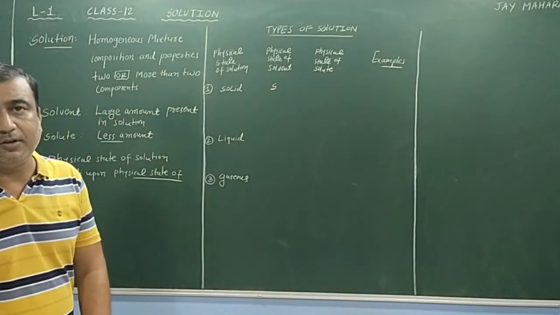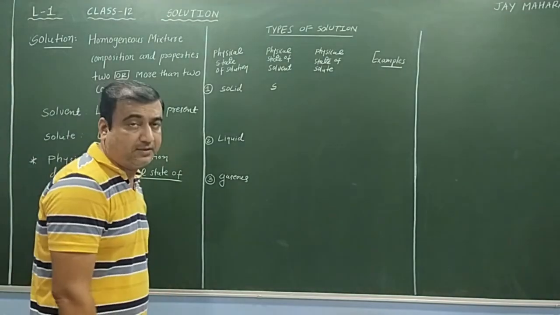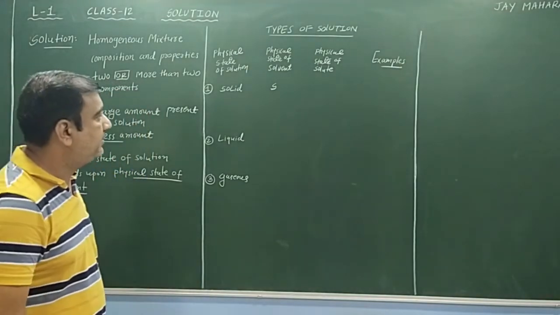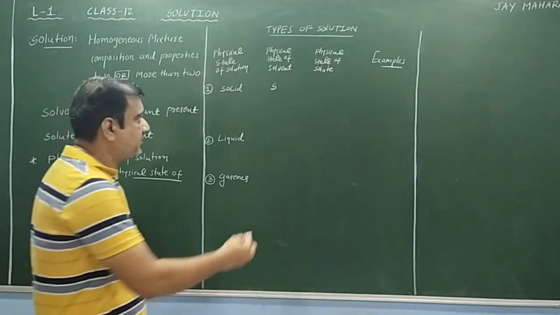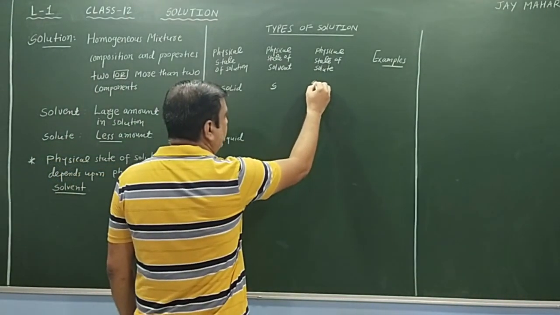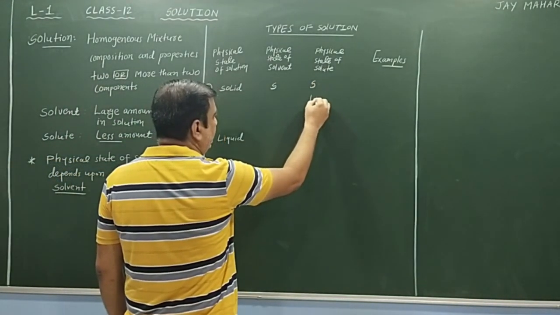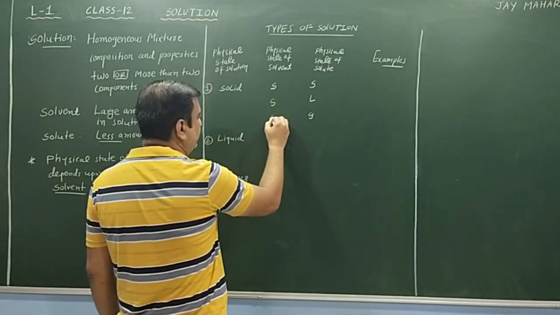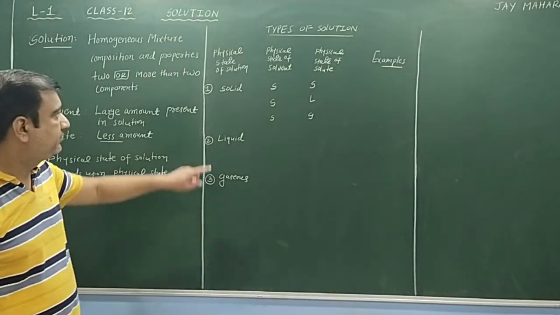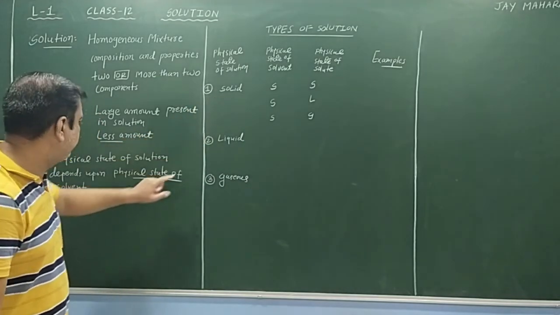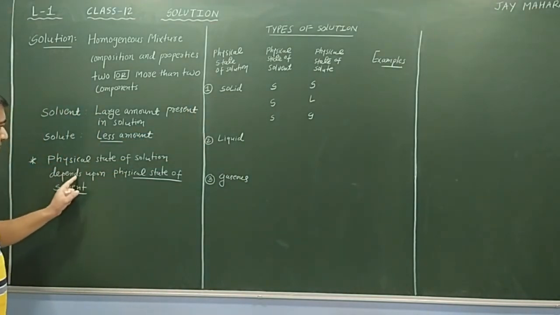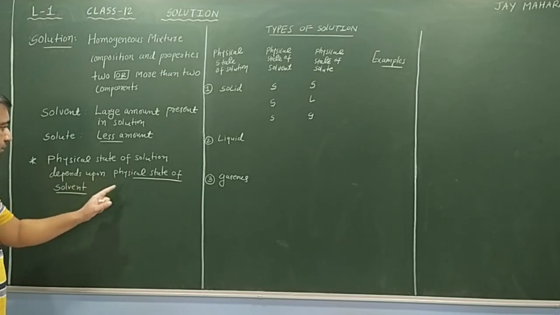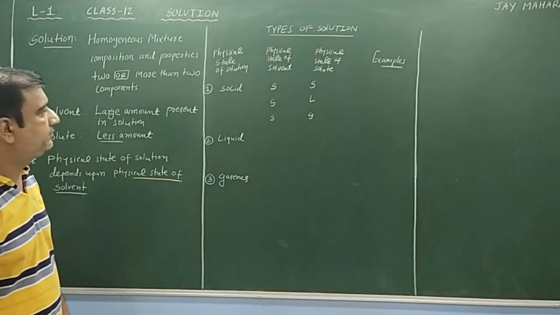Now the solute may be solid, liquid, or gas. The physical state of solvent is solid, the reason being the solution is solid. The physical state of solution depends upon the physical state of solvent.